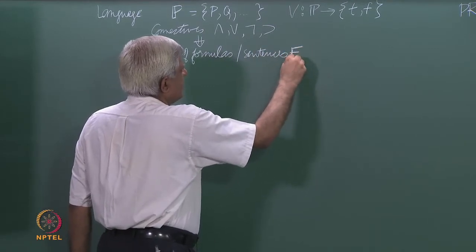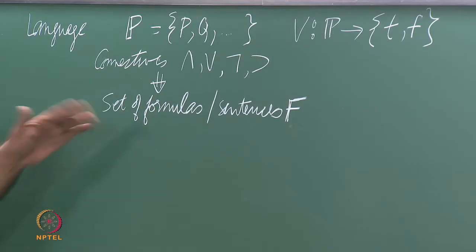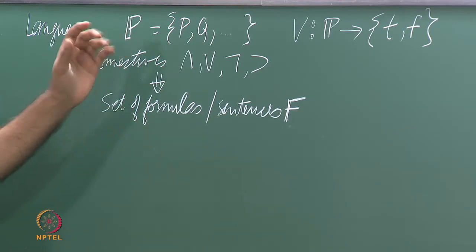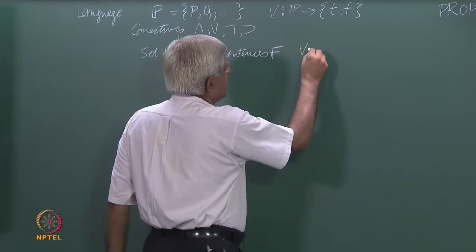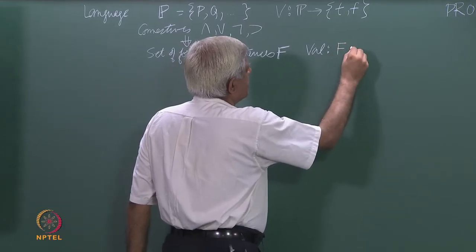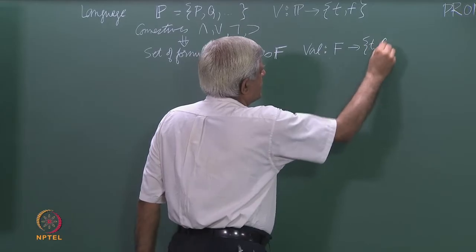Let us call the set F. So, we could construct compound sentences from the atomic sentences using the logical connectives, and associated with this set of formulas is a function val, which maps F to the same set, true or false.